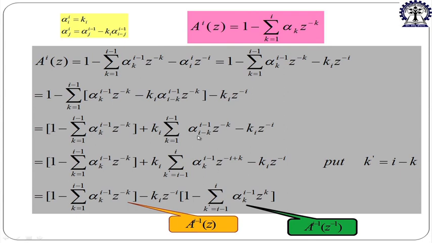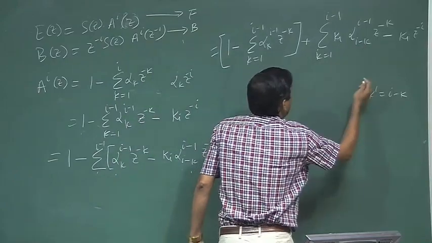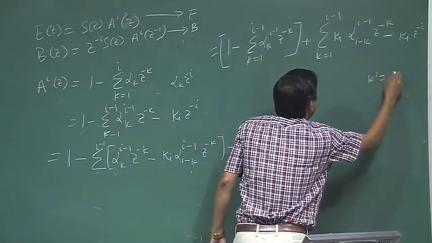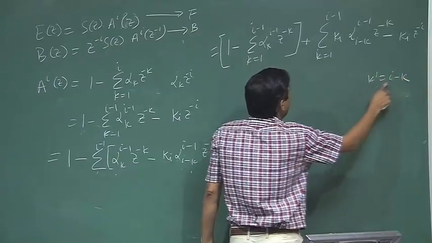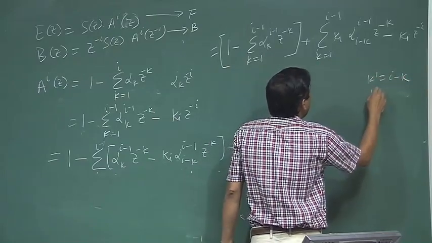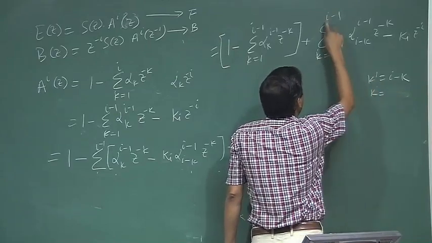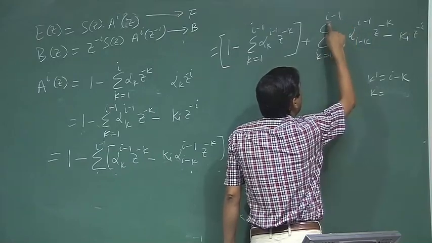So, since there is an i minus k, I can say k dash is equal to i minus k. If k dash is i minus k, then what is k? k is nothing but k dash. So, k varies from 1 to i minus 1.